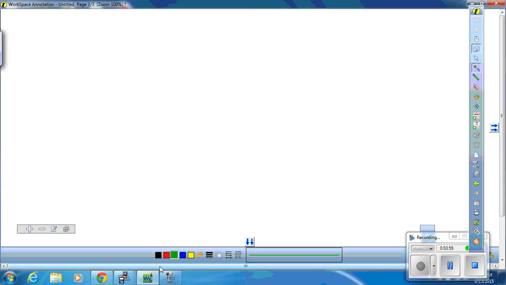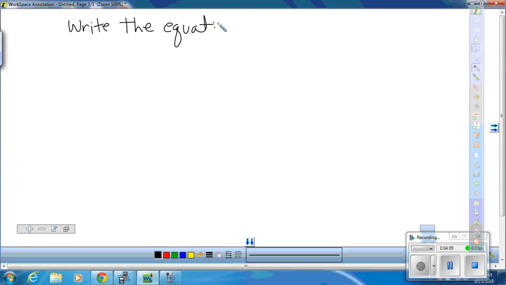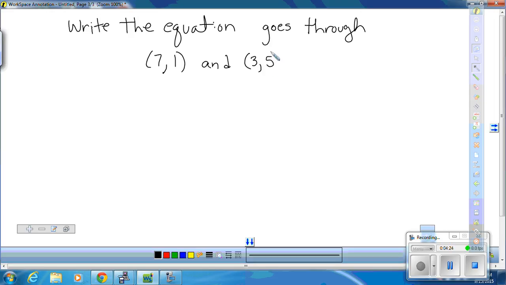If you've got 2 points, let's see, if we want to write the equation that goes through (7, 1) and (3, 5).